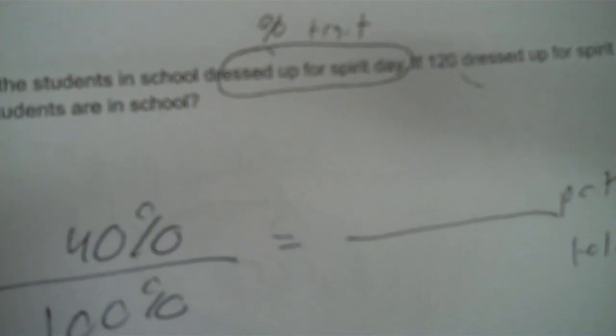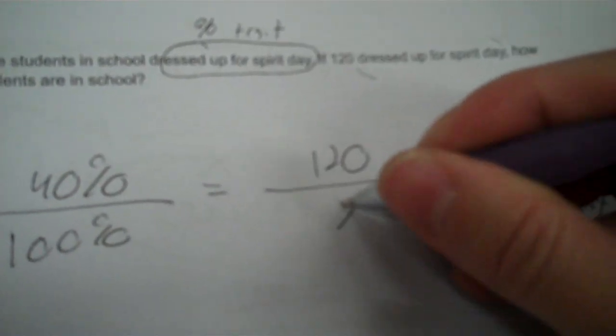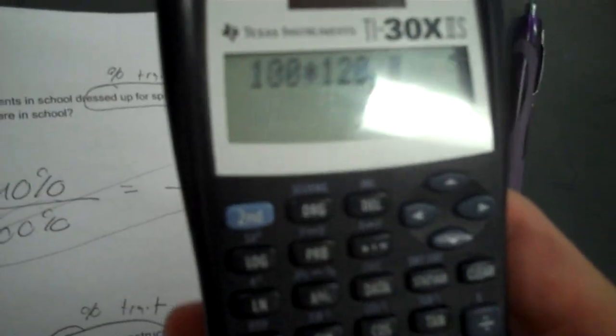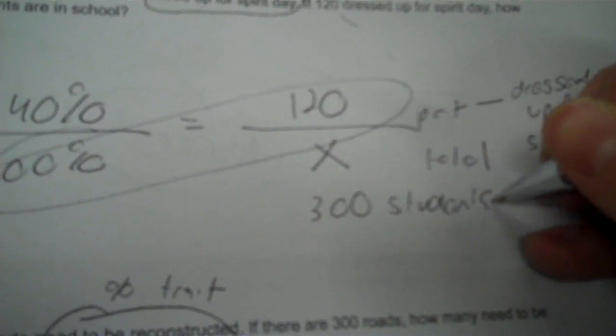It says they dressed up for Spirit Day, so 120 here, I'm finding the total. 100 times 120 divided by 40, 300. Now again, you might want to make sure your answer makes sense, okay? Obviously, if you get a number lower than 120, that makes no sense. You can't have 50 students in a school and have 120 of them dress up.